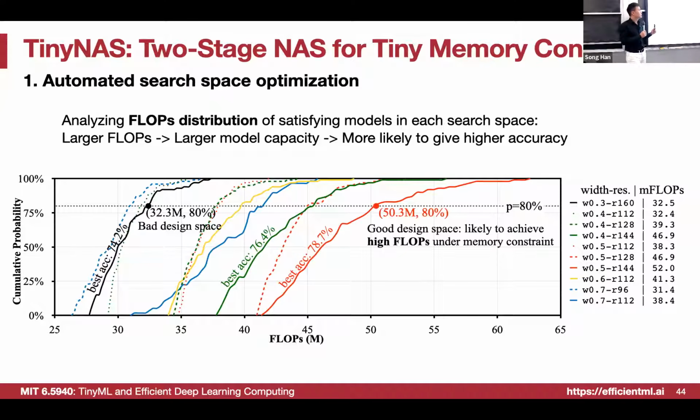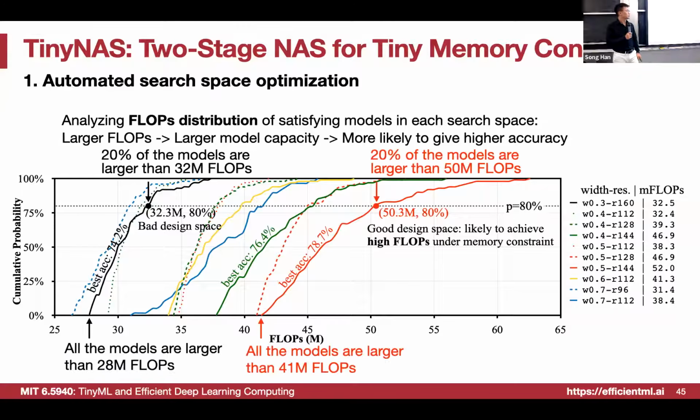What's the percentage of the models that can achieve a certain number of FLOPs? So here in the black design space, all the models are larger than 28 million FLOPs. Well, in the red design space, all the models are larger than 41 million FLOPs. So certainly this one is better, right?